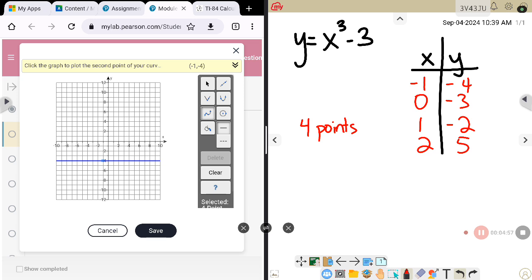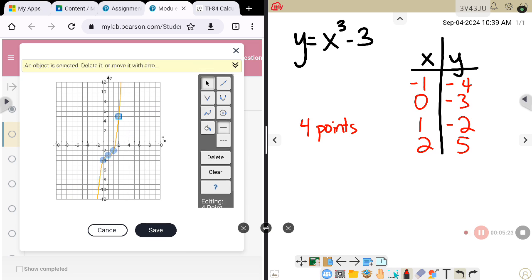So left and right 0, down 3. Now remember, it's not going to have that cube shape until you put in that last point. My next point is at 1, -2. So to the right 1, down 2, and then my last point is at 2, 5. So to the right 2 and up 5. Now you will have that cube shape.